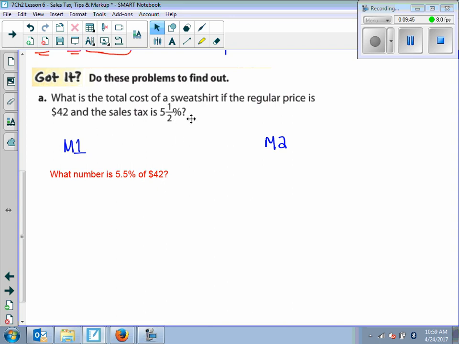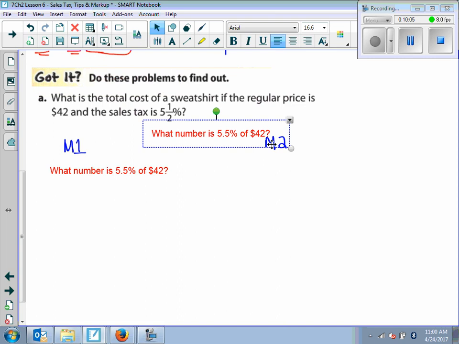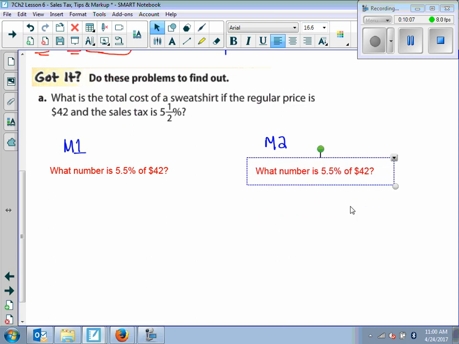So what number is 5.5% of 42? If this said 5 1/3% or something like that, where it would not give you a terminating decimal, you would have to leave it as a fraction. Okay? So here, what number is 5.5% of $42? Okay. On the other side, if I were going to write my what number is question, on this side, what would I have to change?